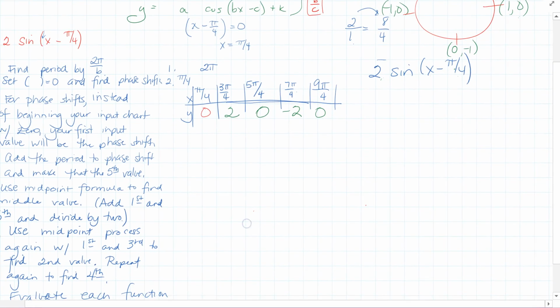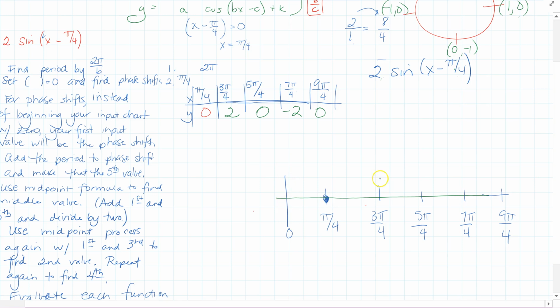And you simply have to graph this now. And every time I do this, I always use those x values to number my graph, which is what I'm doing here. 7 pi over 4, 9 pi over 4, and then of course it's 0, and then 2, and then 0, and -2, and then 0.